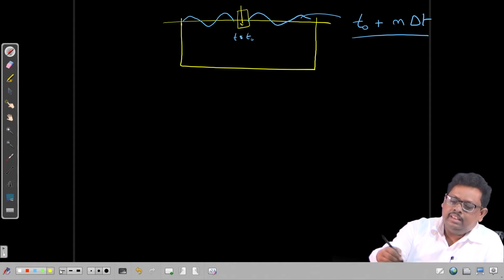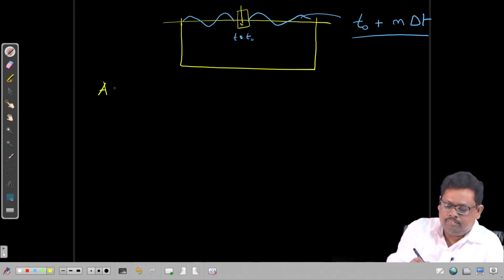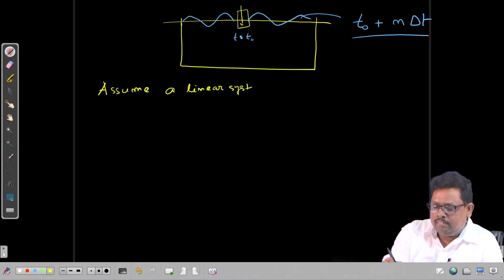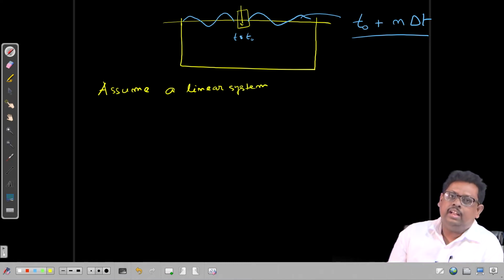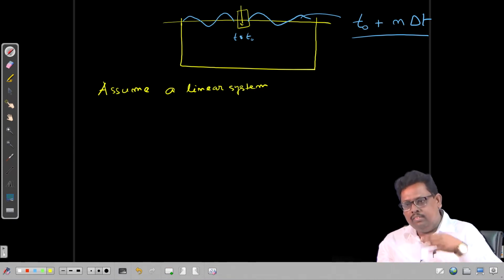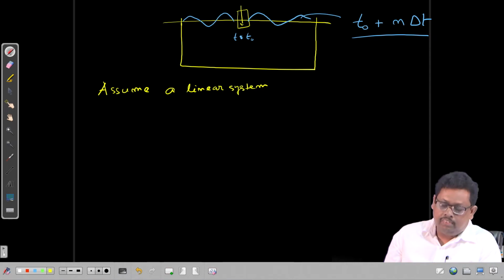Now, keeping this fact in mind, assume a system, a linear system, and assume that the fluid is inviscid and the flow is irrotational, homogeneous, incompressible, everything, so that we can define a potential function.